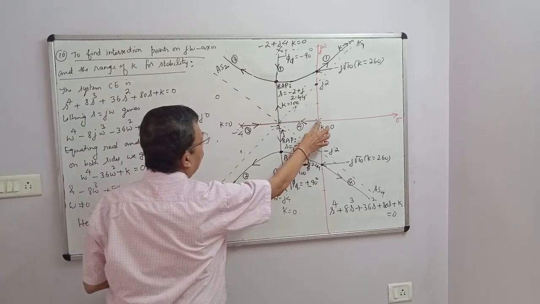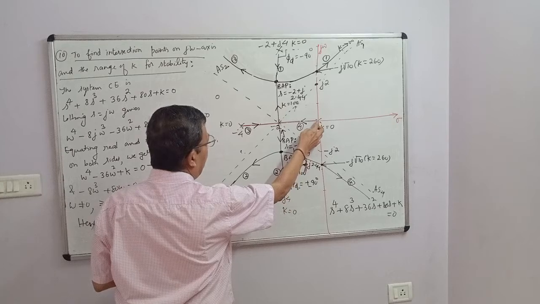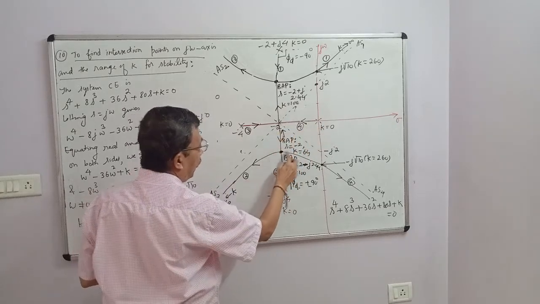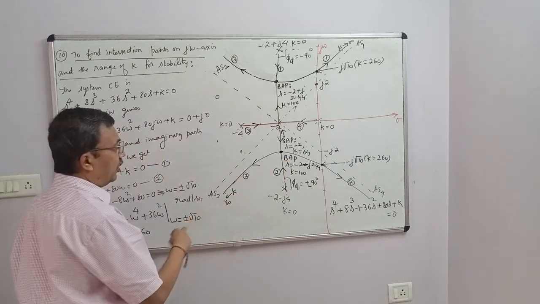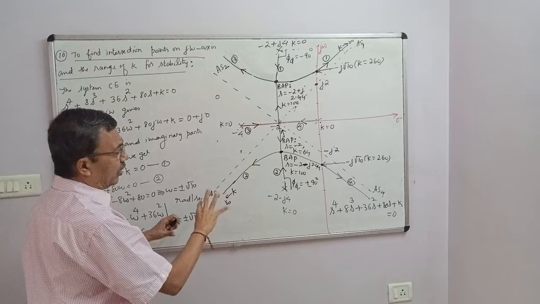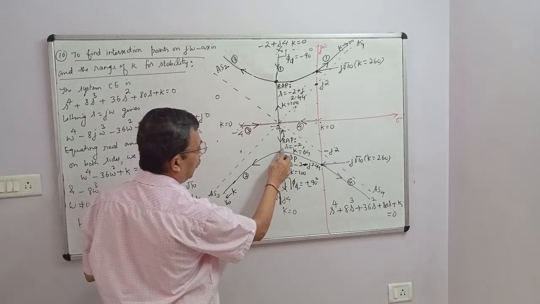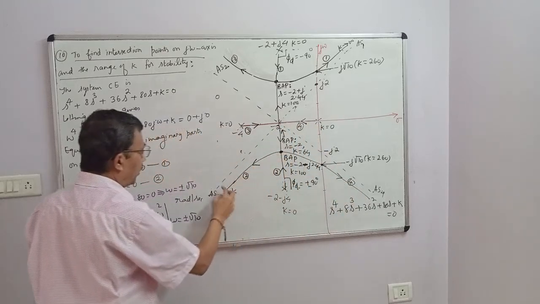Now these 2 poles can select either AS3 or AS4. In the present context, this pole has selected asymptote number 4 and this pole asymptote number 3. The other option is that this pole selects asymptote number 4, and then this will select asymptote number 3.